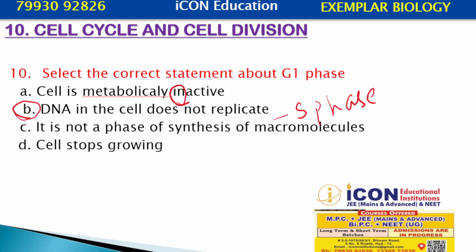It is not a phase of synthesis of macromolecules. This is incorrect, because we know that RNA and proteins are synthesized during G1 phase. Cells stop growing. This is also incorrect, because the cell grows during the G1 phase. So the correct option is option B. DNA in the cell does not replicate is a true statement, because DNA replication is seen during S phase.